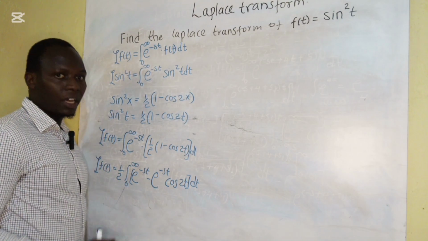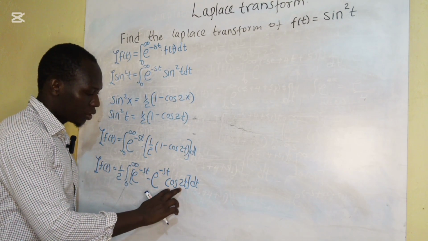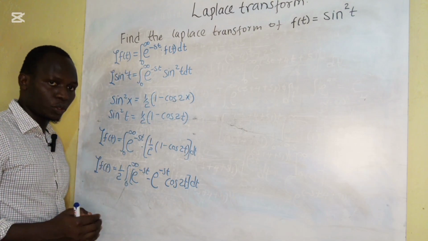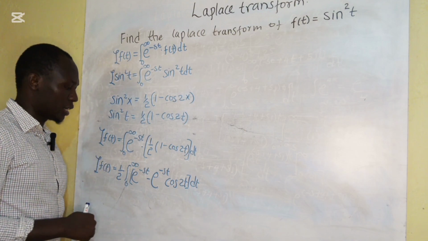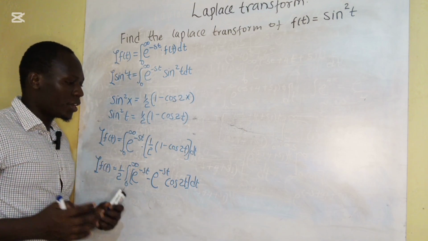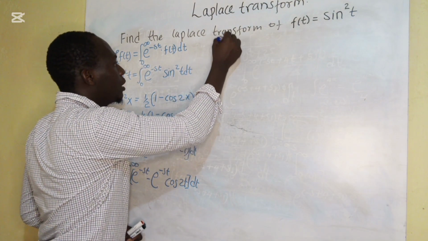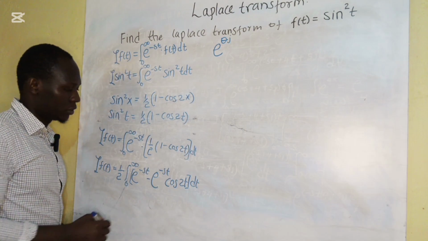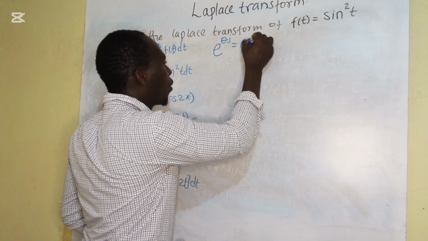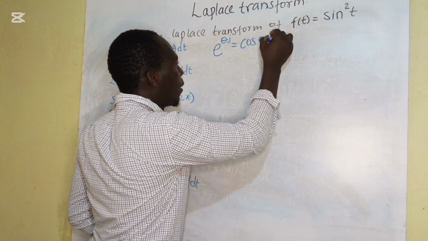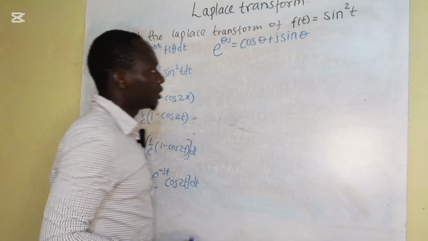Before we do our integration, the first and most important thing, we need to convert cos 2t into an exponential. And by converting cos 2t into an exponential, we need to know that exponential theta j is equals to cos theta we add to j sine theta.